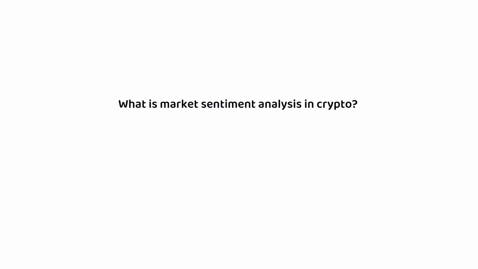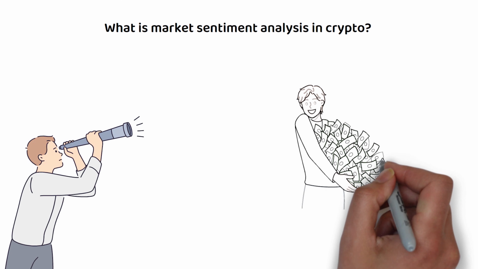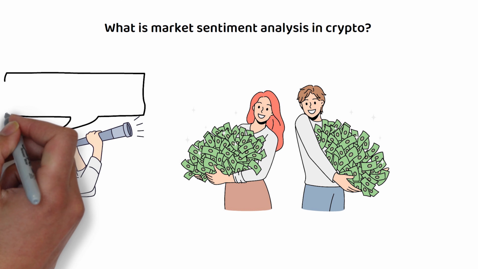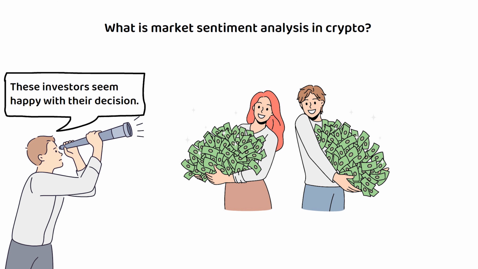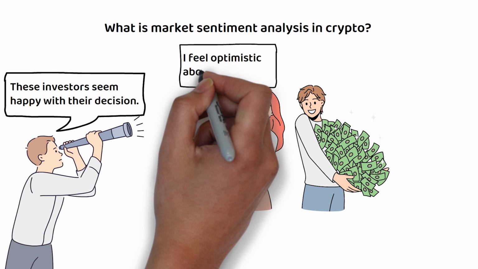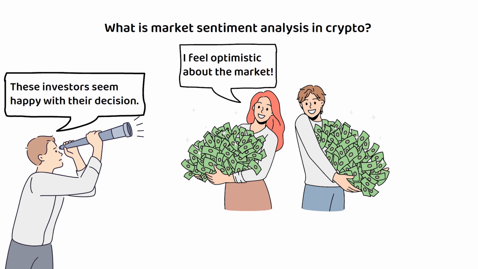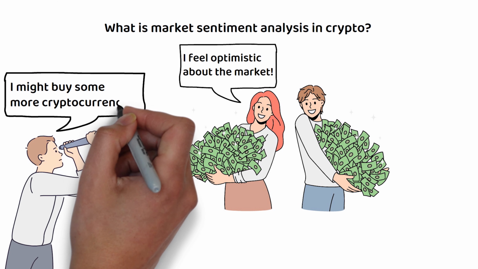Market sentiment analysis, on the other hand, involves evaluating the investor's general emotional and psychological attitude towards a certain coin or the whole crypto market. It seeks to understand whether investors are feeling optimistic or pessimistic about the market and how the sentiment may influence prices and trading activity.